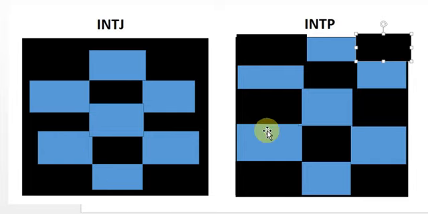The INTP, on the other hand, focuses on thinking primarily, so they are focused on eliminating what could not possibly be, and through this process what is left is like the foundation, what must be. If these things aren't true, then this is what remains. This is the idea that has not been able to be taken down.